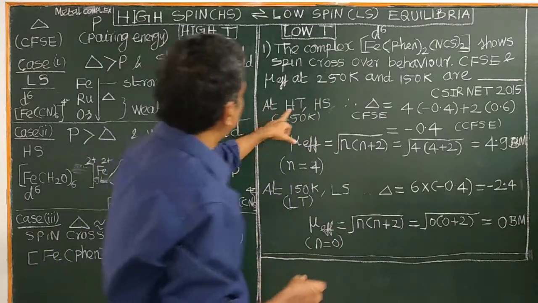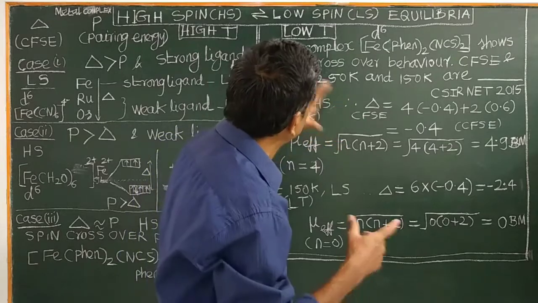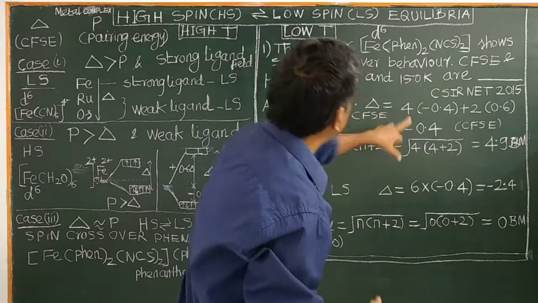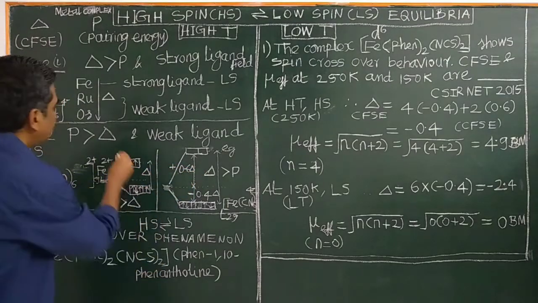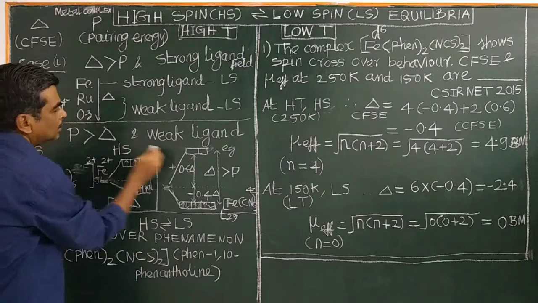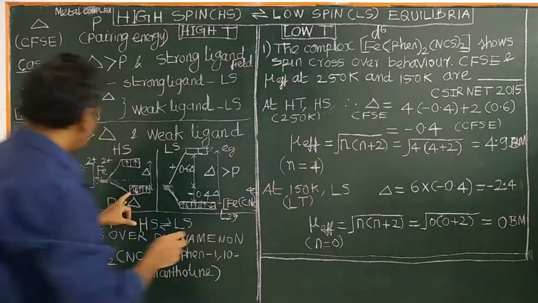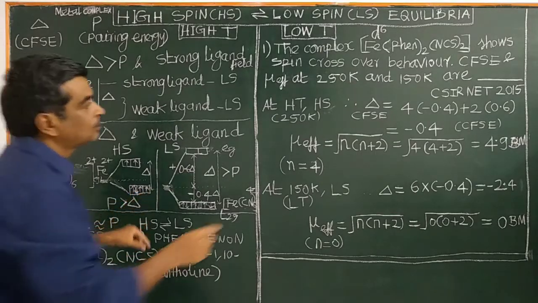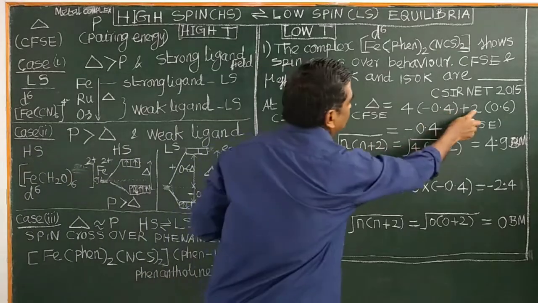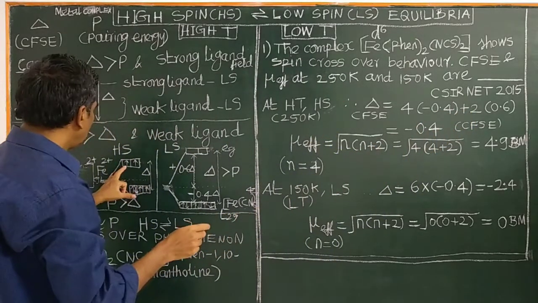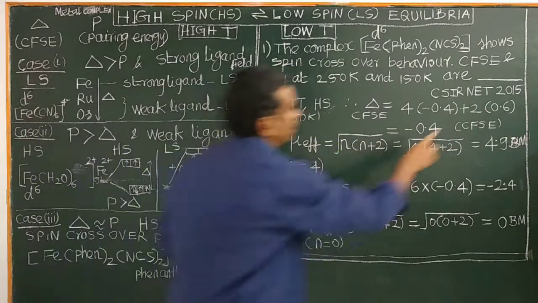Let us see first at high temperature, 250 Kelvin, it exists in the high spin state. So this is the high spin state, this is the low spin state. Therefore, 4 into minus 0.4, there are 4 electrons, plus 2 electrons into plus 0.6 delta.